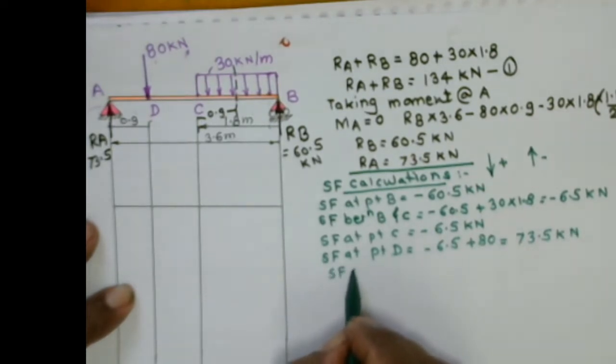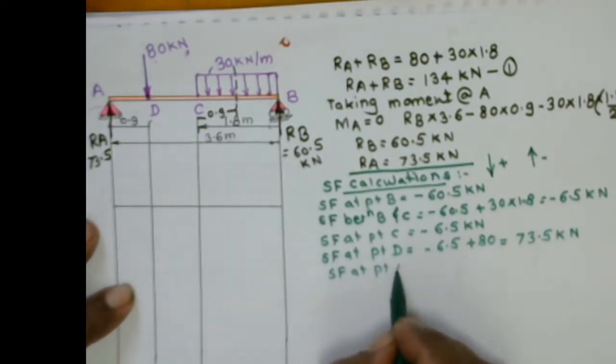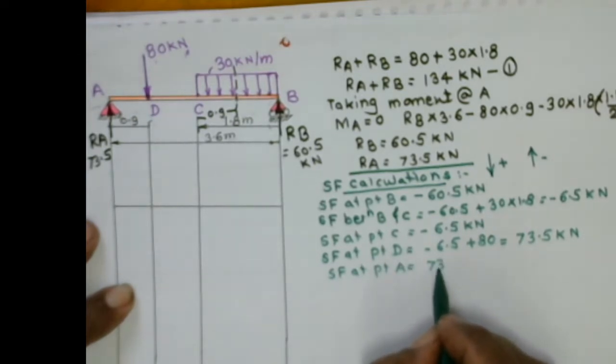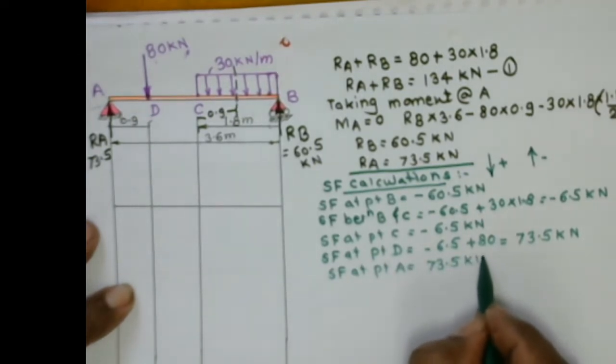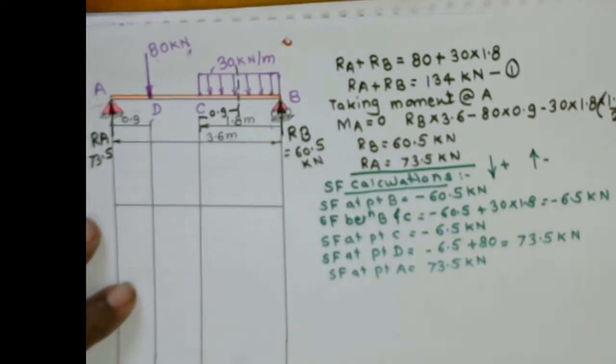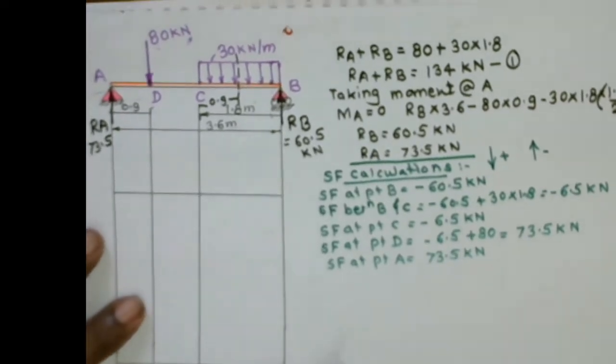Shear force at point A is equal to 73.5 kilonewton. Okay, so all values are known, so we can draw the shear force diagram.